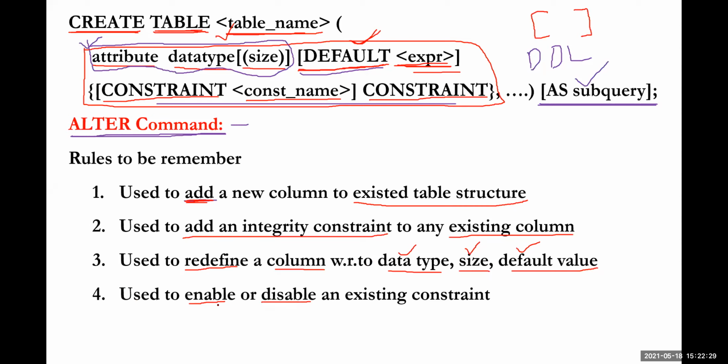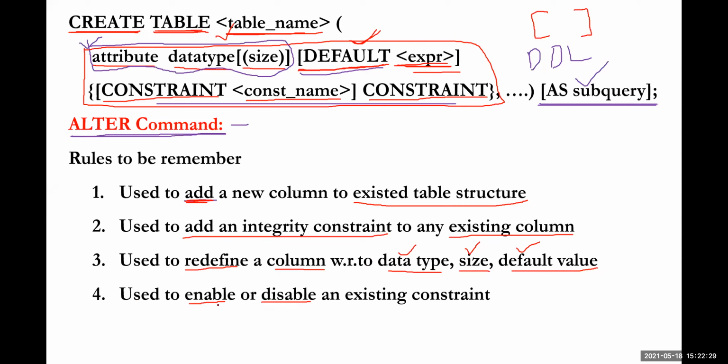Redefine in the sense of modification. Modify is one class, add is another class, drop is another class, and enable and disable are another two classes. These are the 5 different types of rules to be remembered while operating the alter table command.